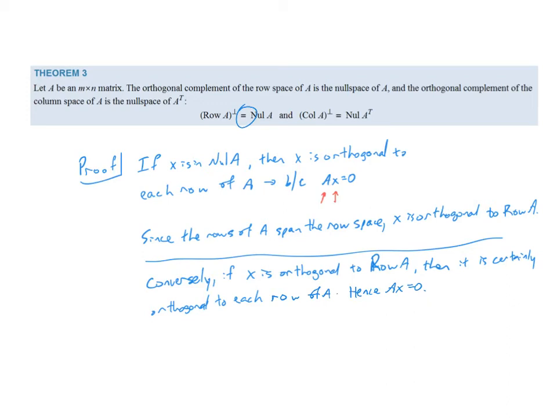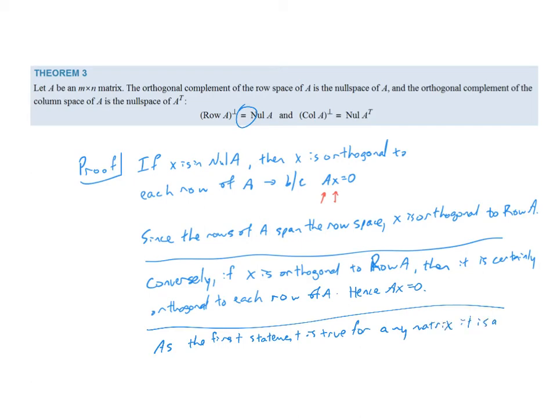And then the last little bit to this proof says, as the first statement is true for any matrix, it is also true for A transpose.